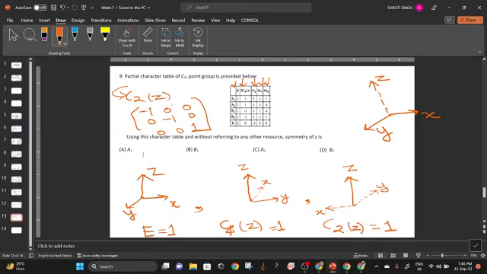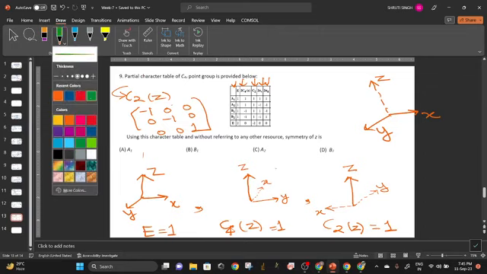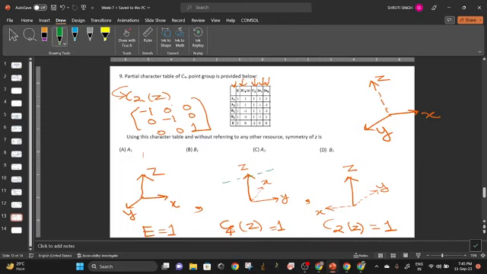Next thing is sigma v and sigma d. Now these sigma v and sigma d planes are also parallel to the principal axis, right? Suppose this is sigma d, and one sigma v will be like this.